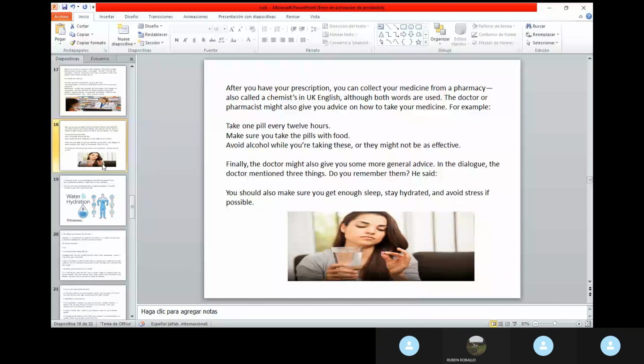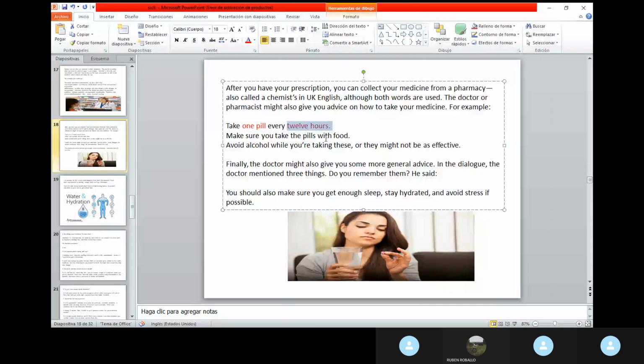Okay, thanks very much. The doctor has the prescription about the medicine. For example, this is one pill every 12 hours. And he has advised how I take that medicine.